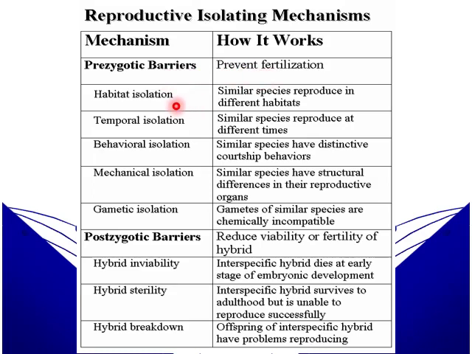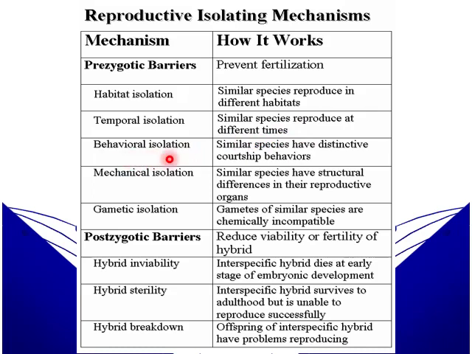Number one is habitat isolation, in which similar species reproduce in different habitats. Number two is temporal isolation. It works as similar species reproduce at different time periods. Number three is behavioral isolation.